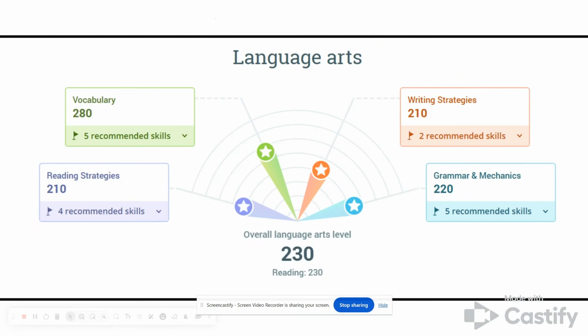Sometimes the reading's higher, sometimes it's lower. Sometimes the writing strategies won't show up if their reading strategies is below 100. But as long as you see one overall score, that is the number that I'm looking for so that I can get the data that I need to create their individualized education plan.